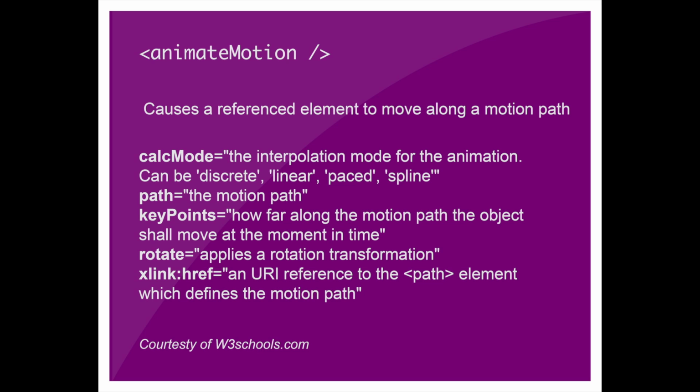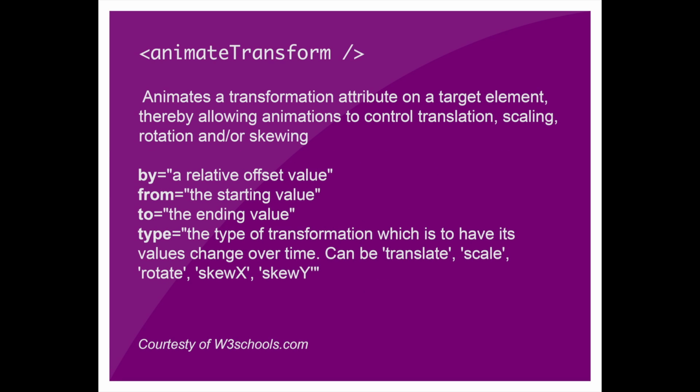The next one would be animateTransform. This animates a transformation attribute on a target element, thereby allowing animations to control translation, scaling, rotation, and or skewing. So like in CSS transformation, same sort of thing. You can give it a by attribute, from, to, and type.